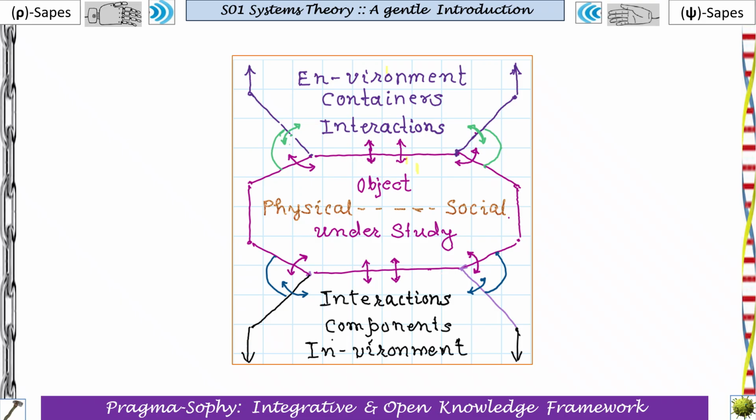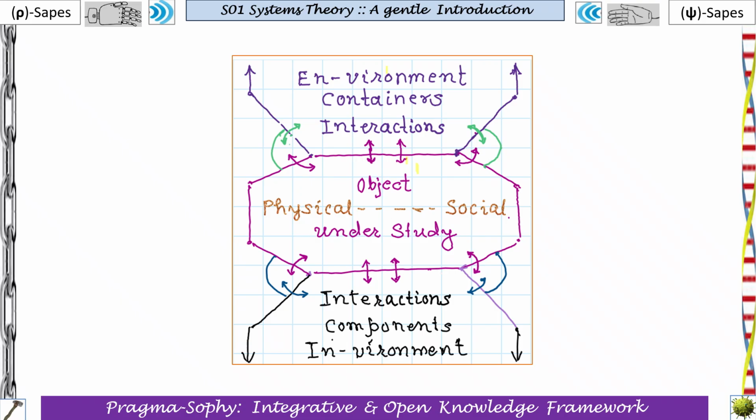The figure shows arrows pointing in both directions between the object and its components, just like the object and its supercomponents or containers, and between the object and its environment. This conveys a crucial insight from systems theory.